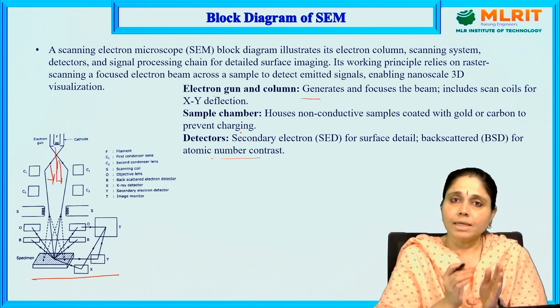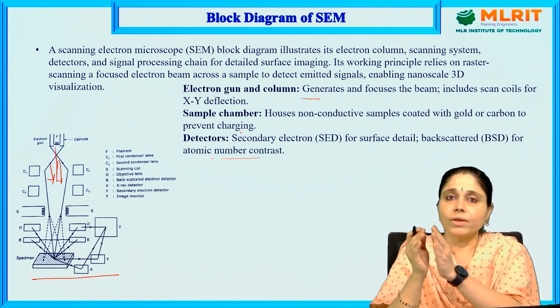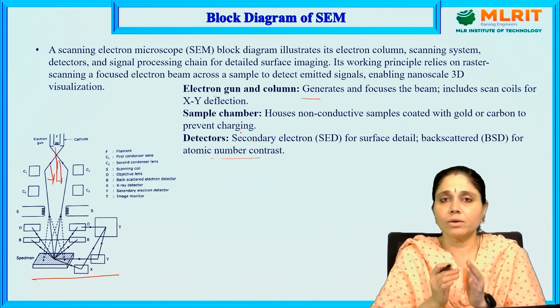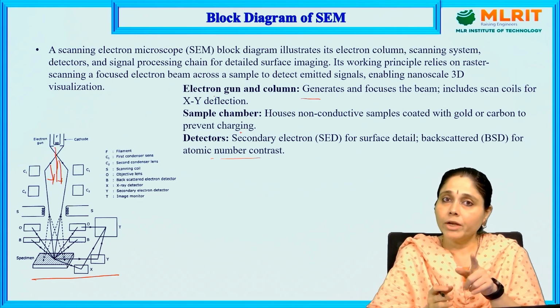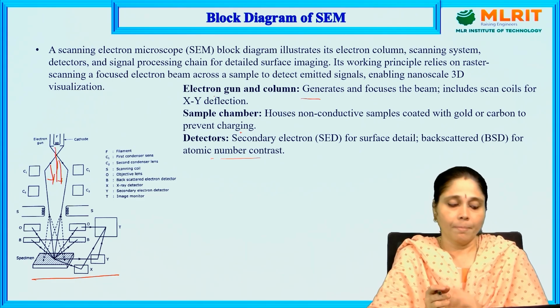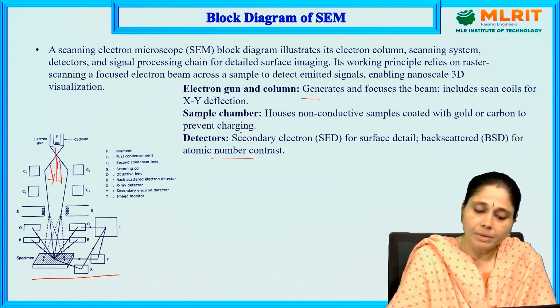These condenser lenses control the path of the electrons. The electrons move in a particular manner and are incident on the specimen.